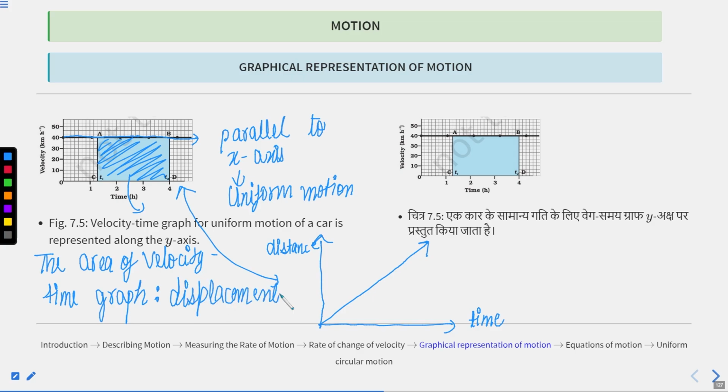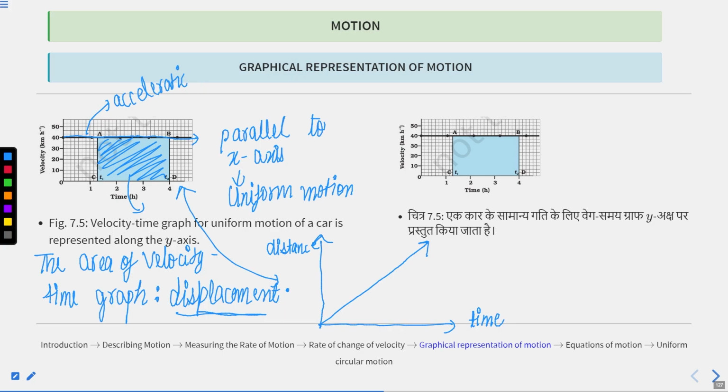It depends from situation to situation, but generally it gives displacement. So the area of a velocity time graph gives displacement. The curve of a velocity time graph gives acceleration.